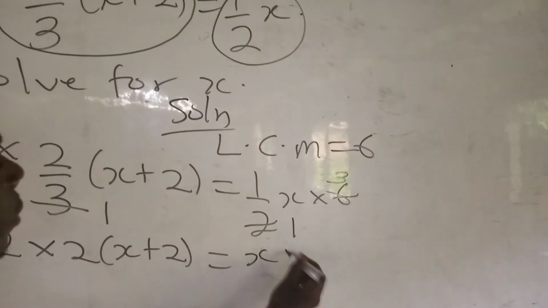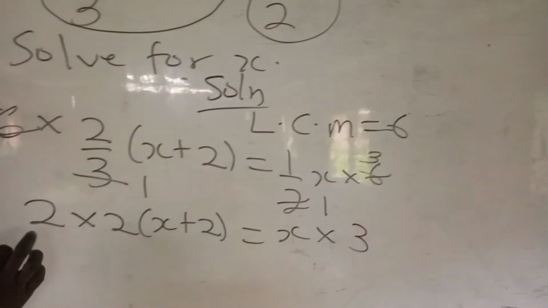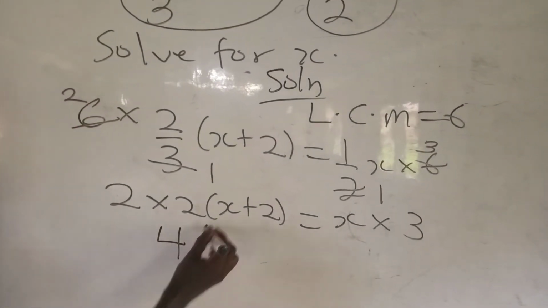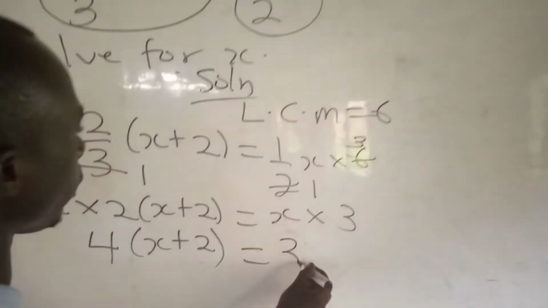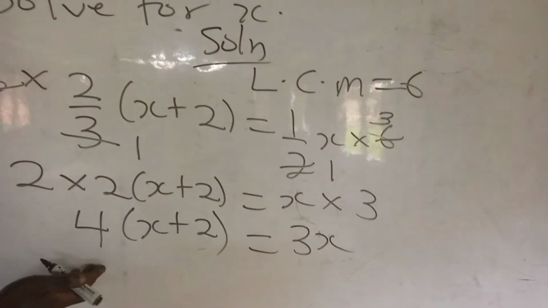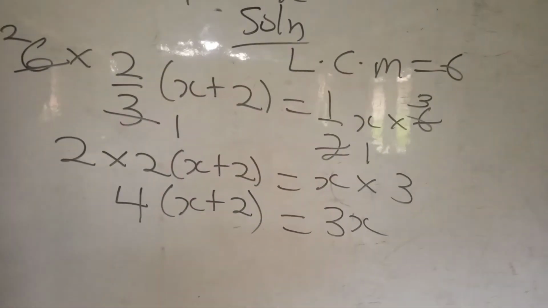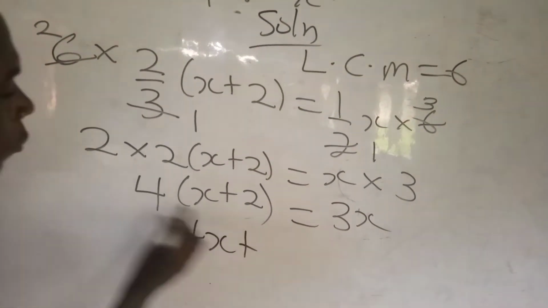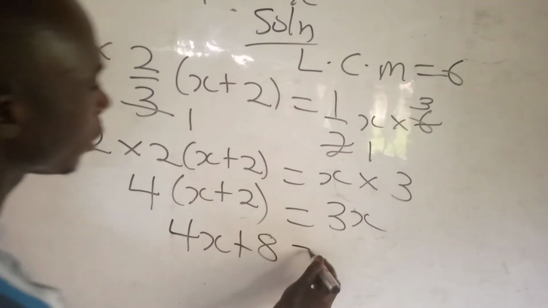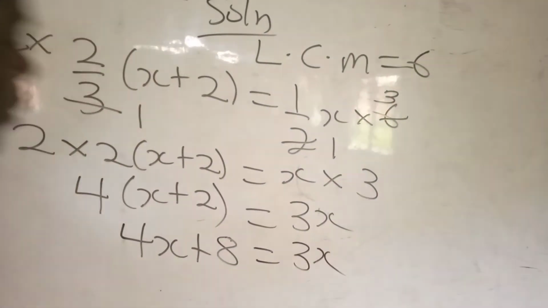So we have x times 3. So 2 times 2 we are having 4 (x plus 2) is equal to 3x. So we use this number to remove our brackets. 4 times x is 4x plus 4 times 2 we have 8 is equal to 3x.